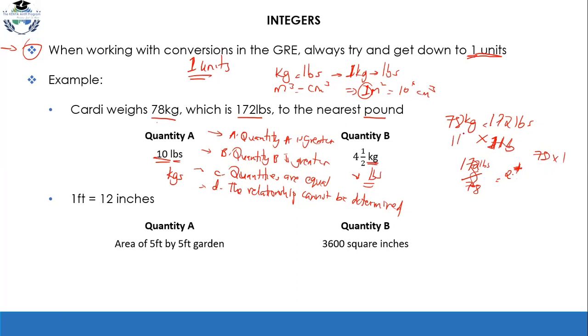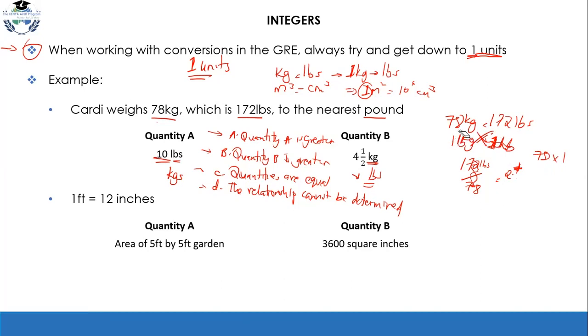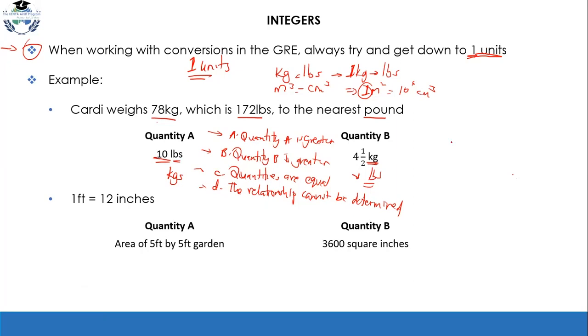Let's do pounds in kilograms so we can find a whole number about 1 kilogram here. Let me erase these here. We're trying to find the one that will give us a whole number so we can do that division very quickly. They're telling us 78 kilograms is equal to 172 pounds.